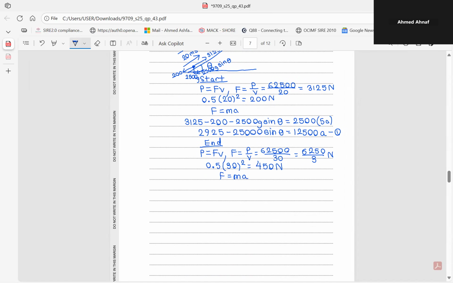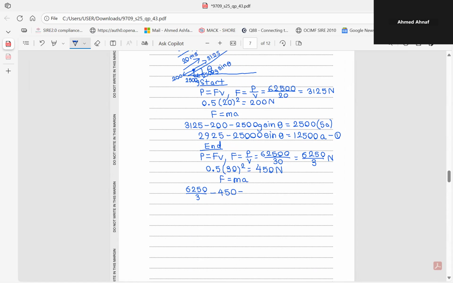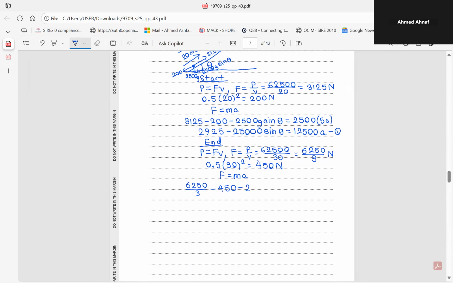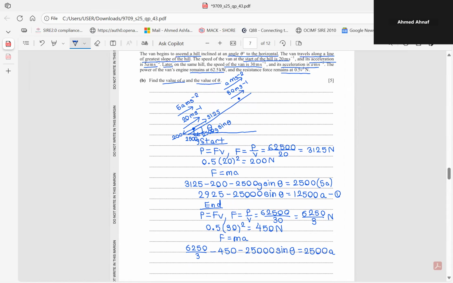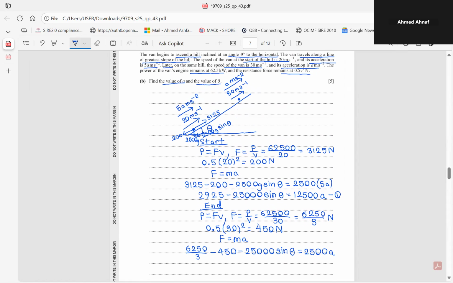So F is 6,250 divided by 3 minus 450 minus the component of the weight, which is 25,000 sine theta. That is equal to 2,500 times A. So A meters per second squared.